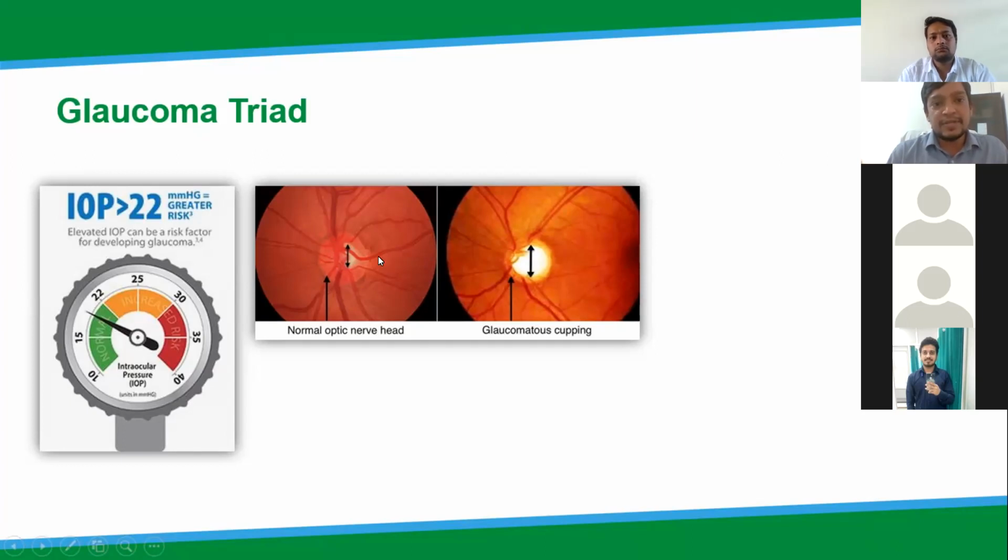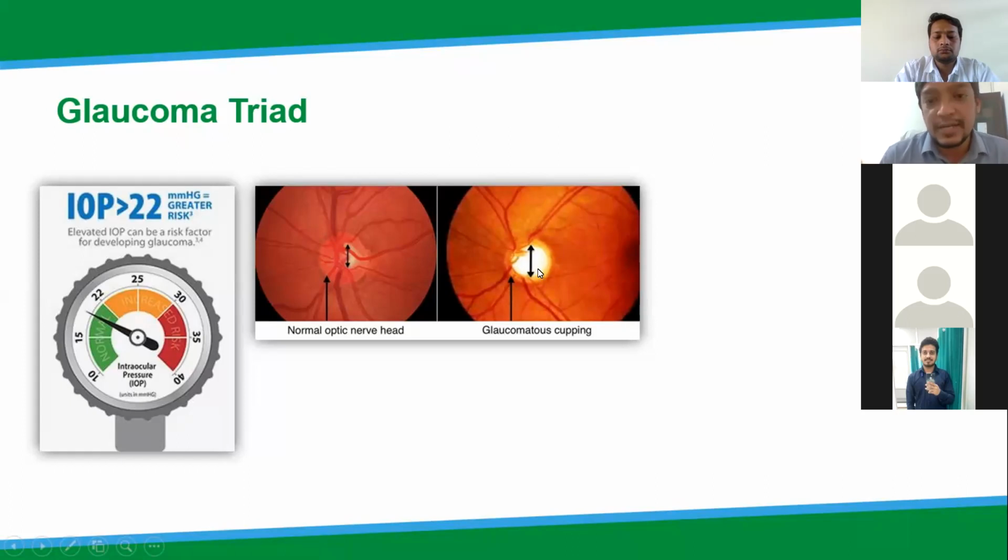So what happens because of the increased intraocular pressure? There are a lot of retinal nerve fiber cells, and because of the increased intraocular pressure, the nerve cells get damaged or they die. Because of that, there is an increase in the cup size, and we call it cupping. So how will you typically identify a glaucoma patient?